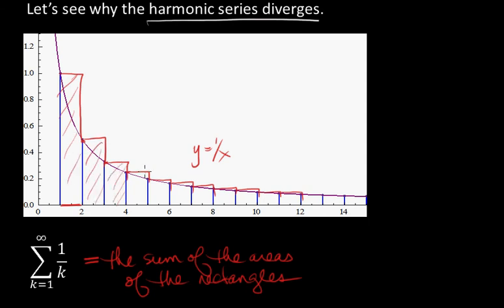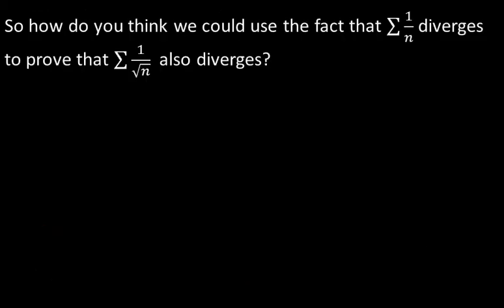We're talking about all the areas of the rectangles, and there's a little bit more than there is under the curve itself. So we know that this is greater than the area under the curve, which is the integral from 1 to infinity of 1 over x dx. We have already shown that this diverges. So if this sum is bigger than the integral, and the integral gets large without bound, we can say for sure that the harmonic series diverges.